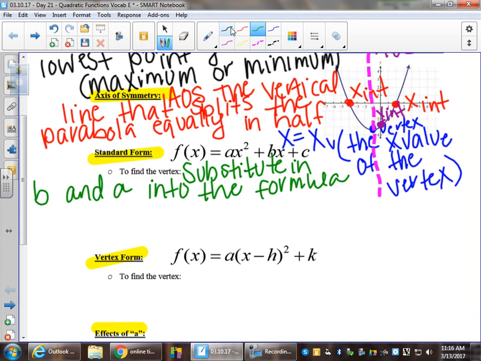Our formula is x equals negative b over 2a. So write this formula in. It's very important. x equals negative b over 2a.